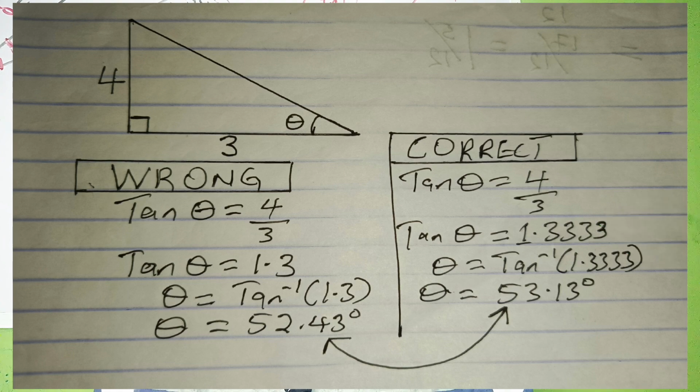But the candidate here wrote 1.3, which is approximation. That's premature approximation because he has not gotten to the final answer. We still need to use that 1.3 as a substitute. So we have theta equal to arctan 1.3, and theta later gave us 52.43.